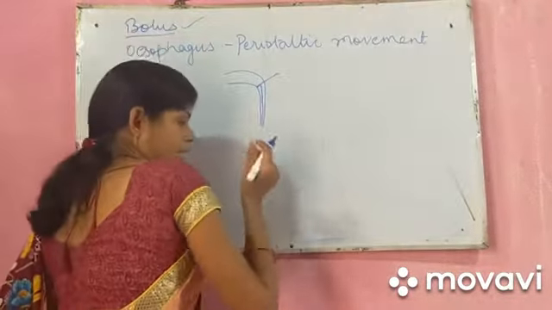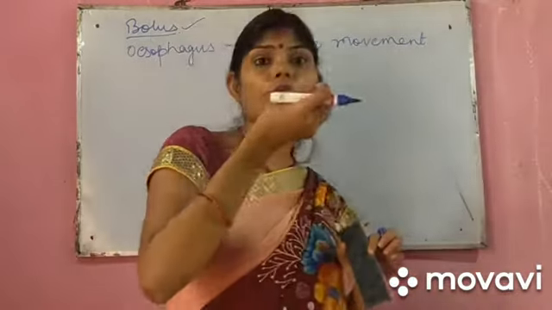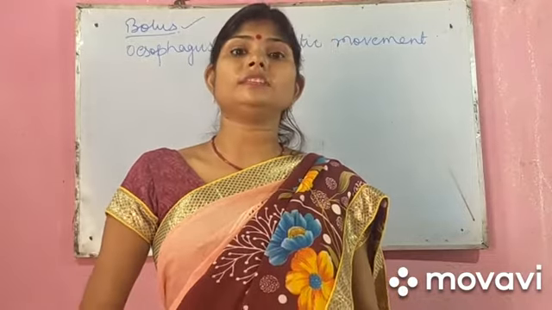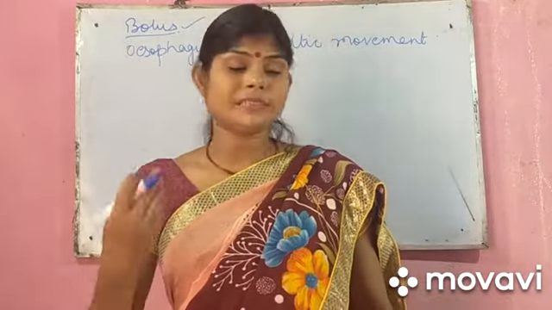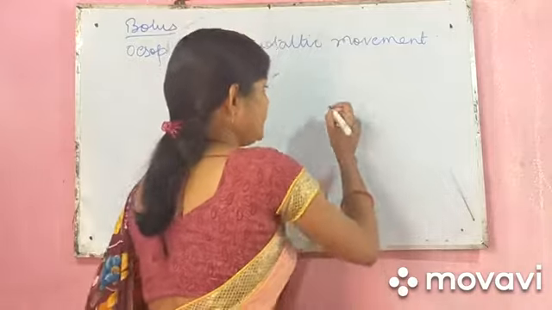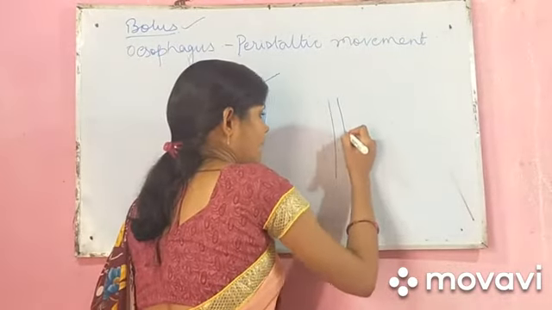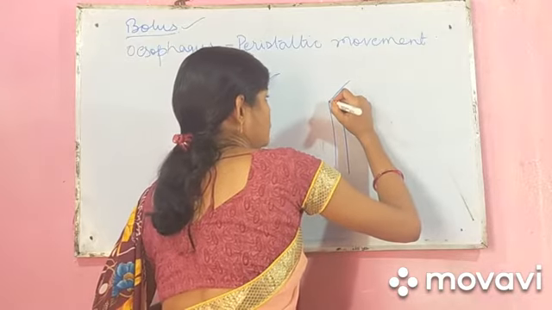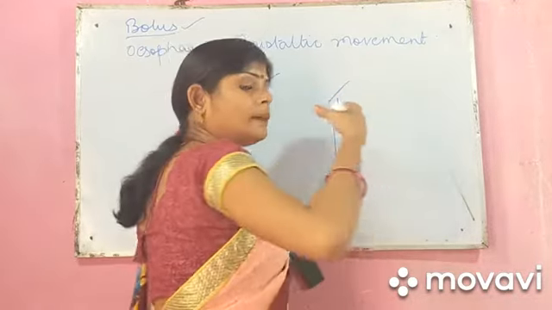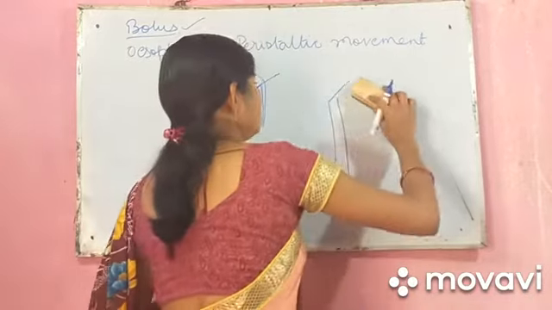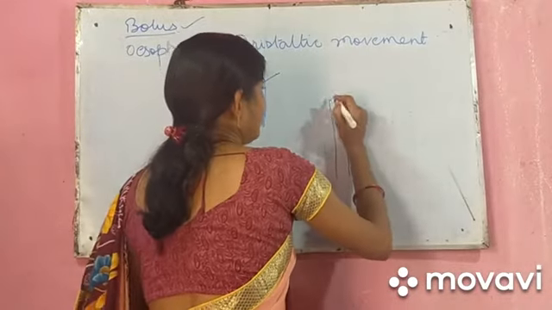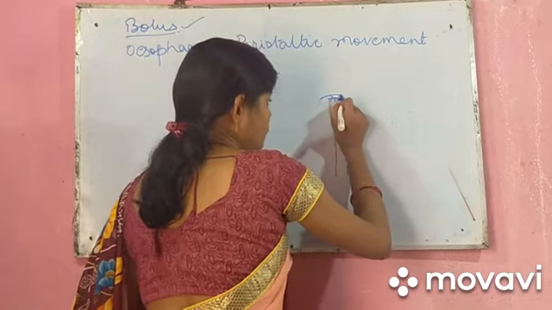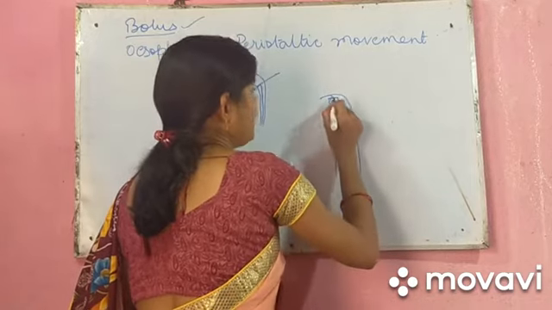So whenever we eat anything, it directly goes to our stomach. Why not into our trachea? Whenever we eat anything, we have a flap-like cover structure which covers the trachea, and the food, instead of going into the trachea, goes into the esophagus, our food pipe.